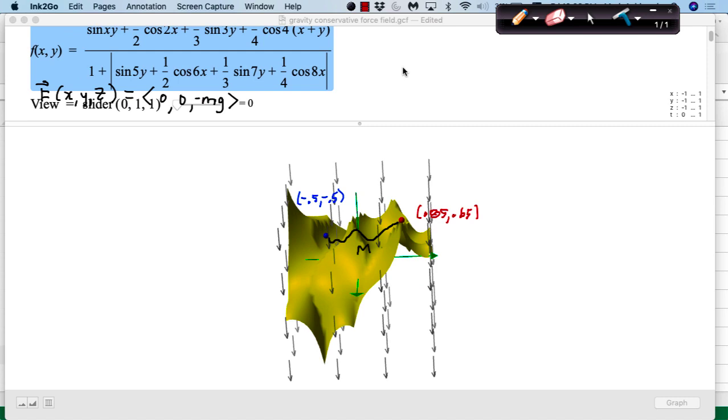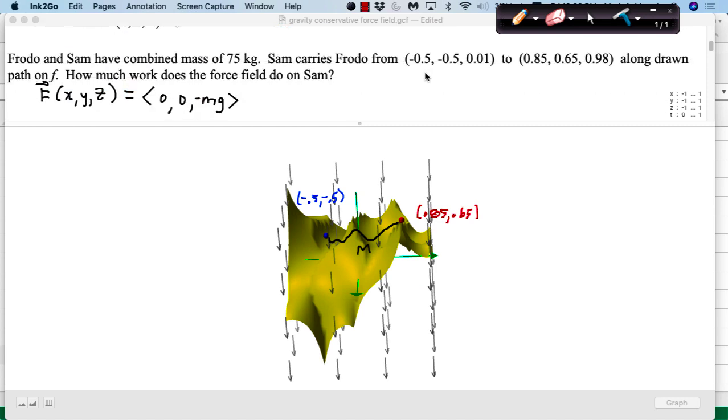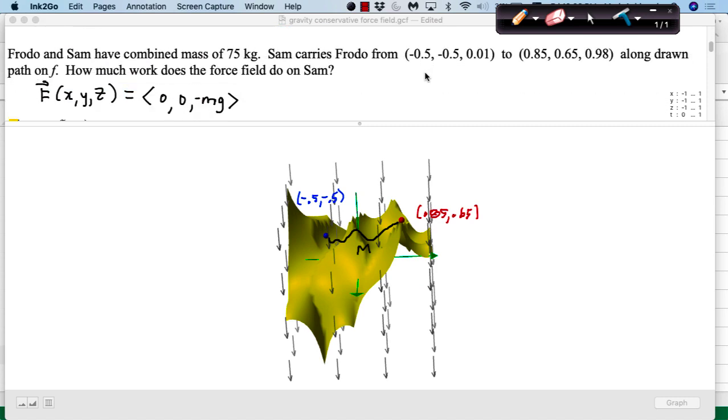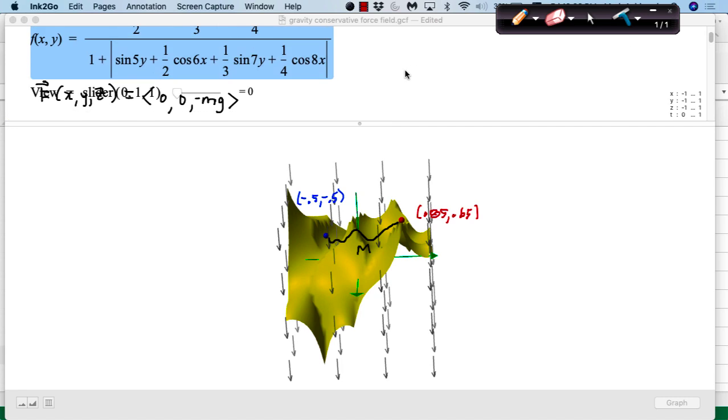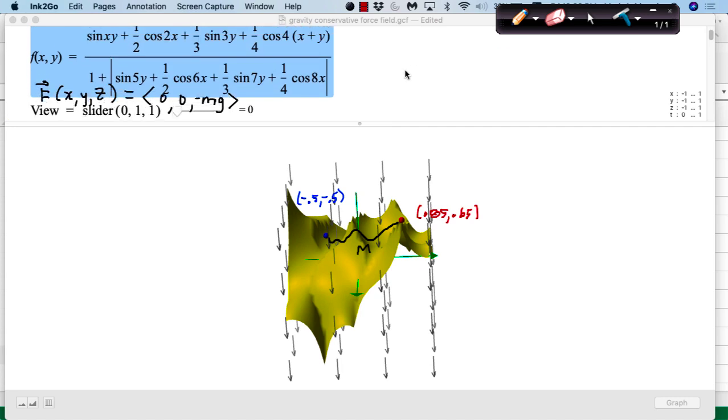Can we do it easily? How can we get the work to go from negative 0.5, negative 0.5 to 0.85, 0.65 along this awful Mordor mountain?